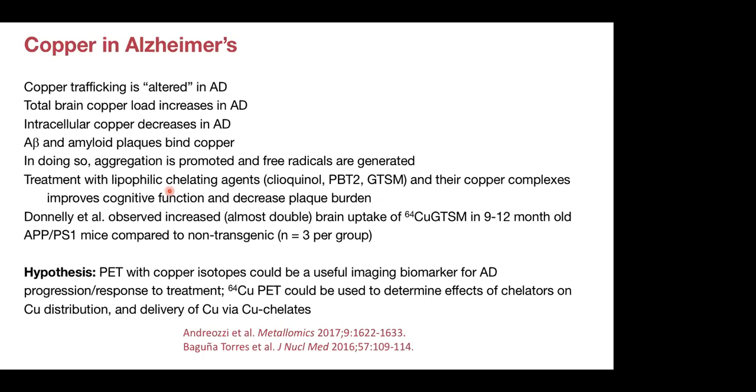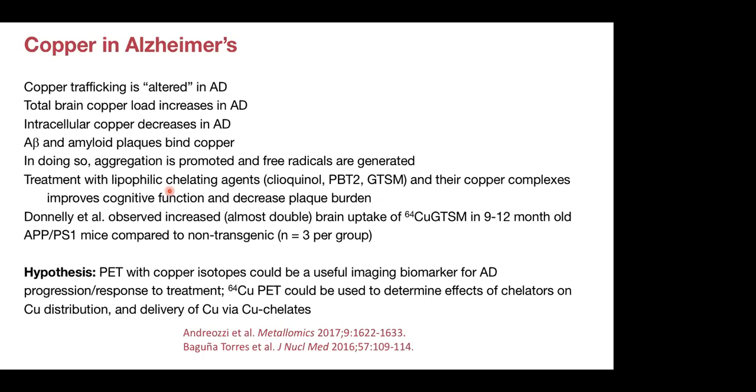And a little bit of copper-64 PET work has been done in animal models of Alzheimer's. Paul Donnelly and co-workers at Melbourne University looked at copper-64 GTSM in APP-PS1 mice and showed an increase in uptake of copper-64 compared to normals.